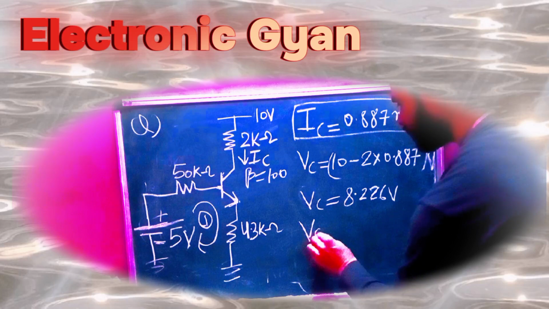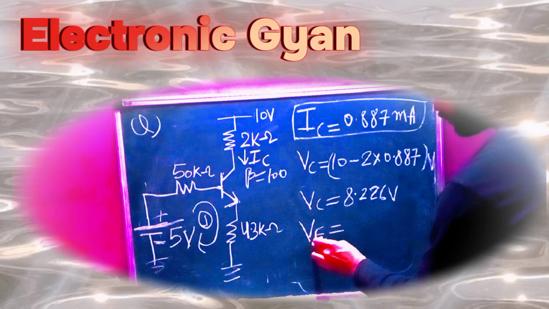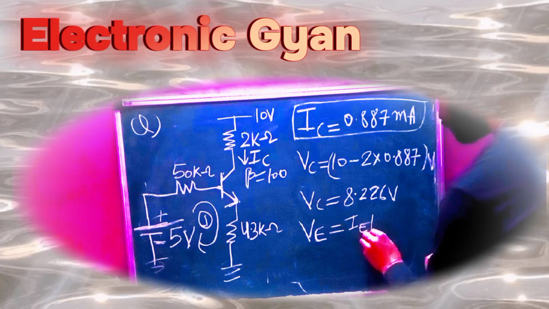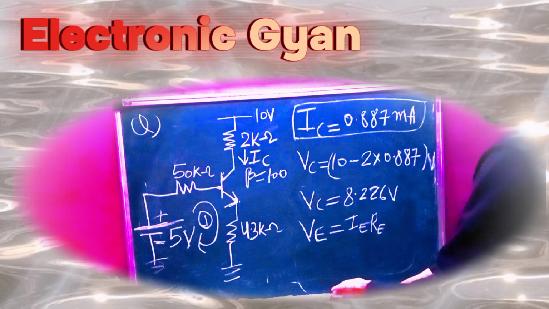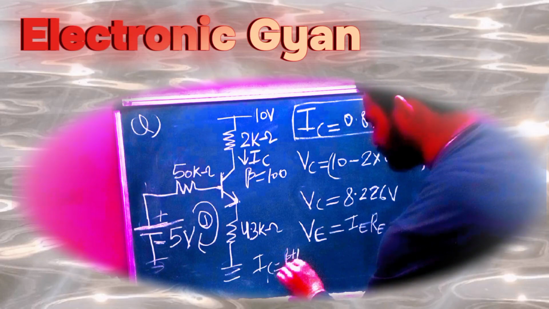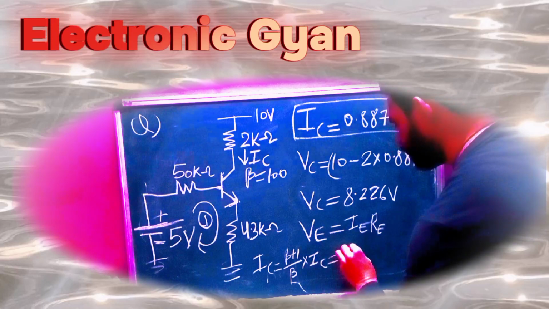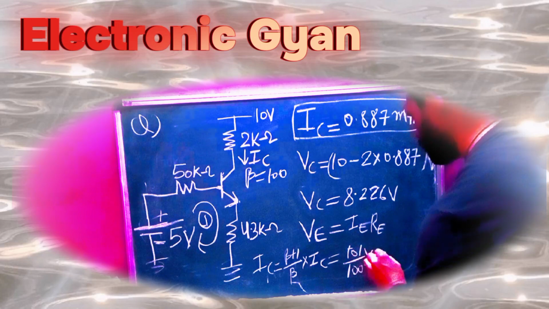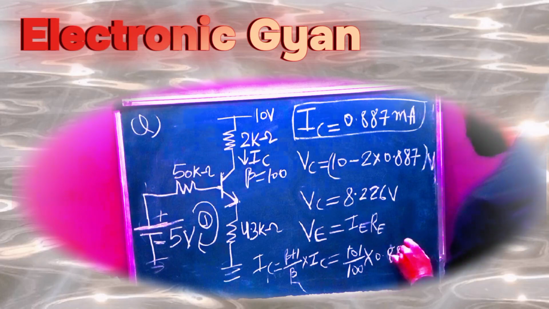And how much is the emitter terminal voltage? VE is equal to IE into RE. So how much is IE? IE is nothing but (beta plus 1) by beta into IC, which is here 101 by 100 into 0.887 milliampere.